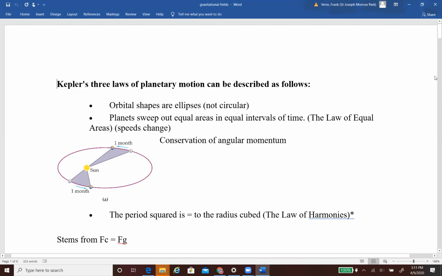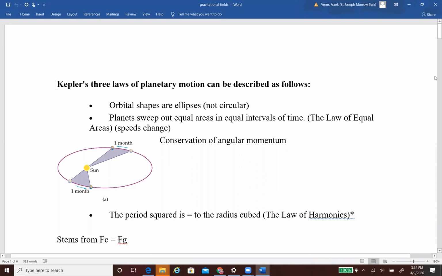The second law has to do with something called angular momentum, okay? Which says basically that if you look at an equal interval of time, let's say in this diagram, you have the Earth going around the sun, and we were to measure the area that it sweeps out, which is in purple here, for a month.